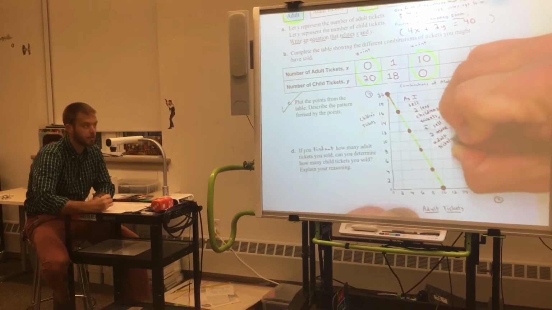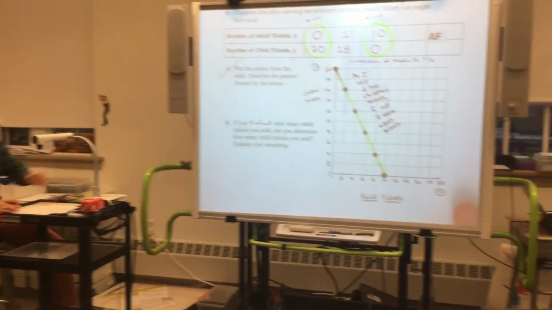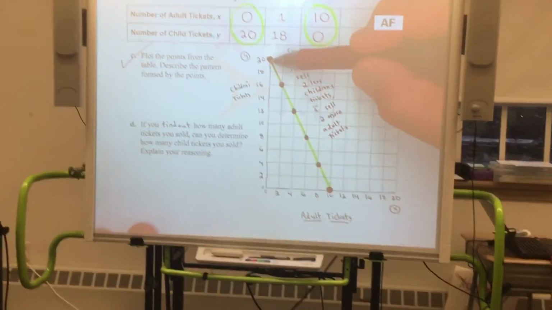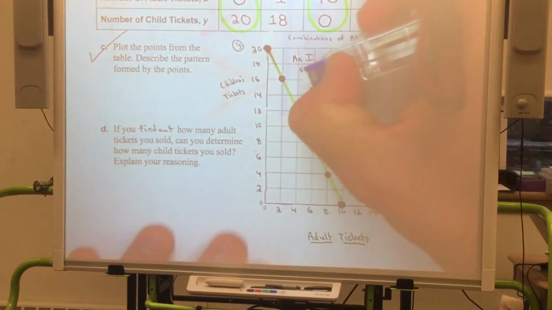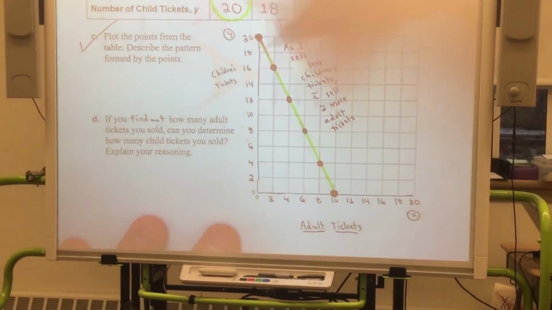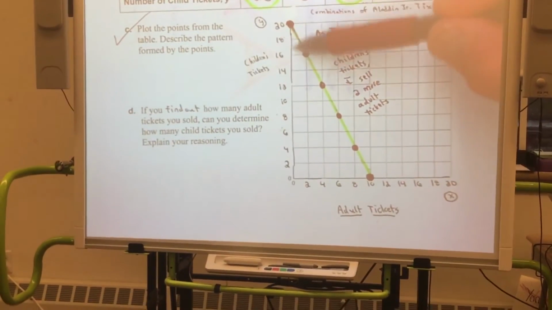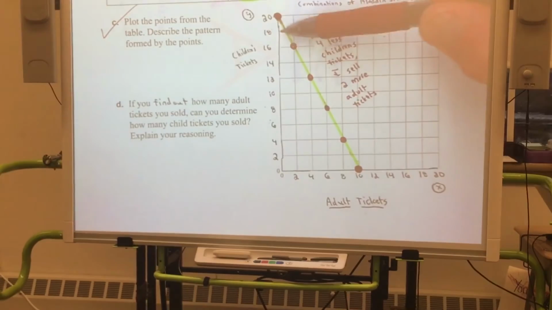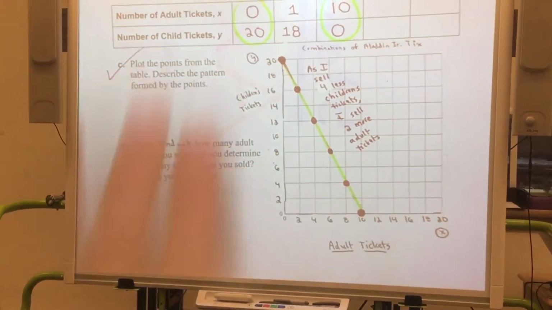Those of you who are with me are thinking about this in terms of slope. All right, you should be. The slope is given to us here. 4. I messed up. As I sell 4 less children's tickets, I sell 2 more adult tickets. The slope is down 4 over 2. The slope is a negative 2 is what's happening there. So you can kind of see how they relate.